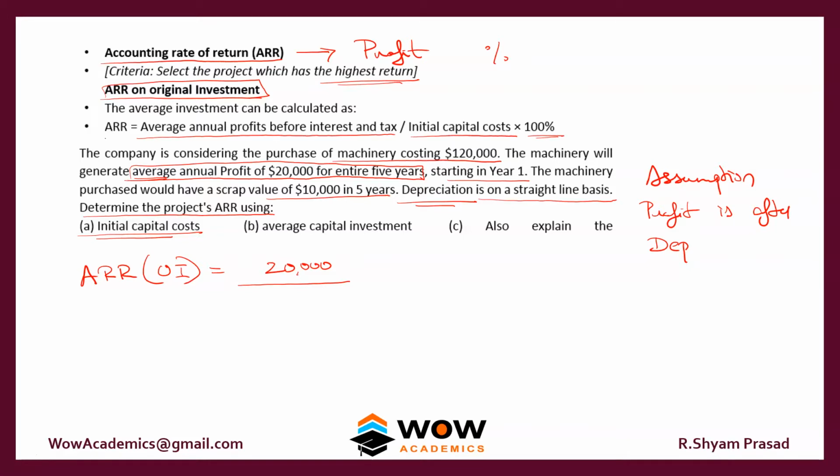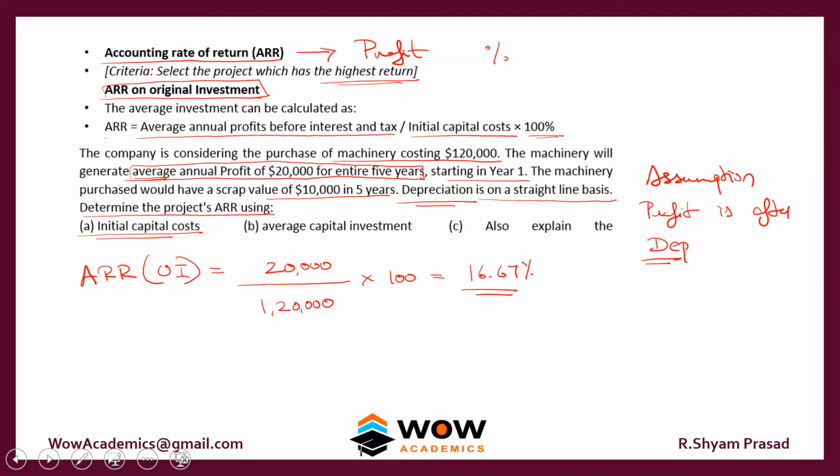The denominator would be the total investment in the project, which comes to 1,20,000. Into 100, the answer comes to 16.67%. This assumption is based on the profit having already been deducted the depreciation part. If that is the case, this would be the answer.